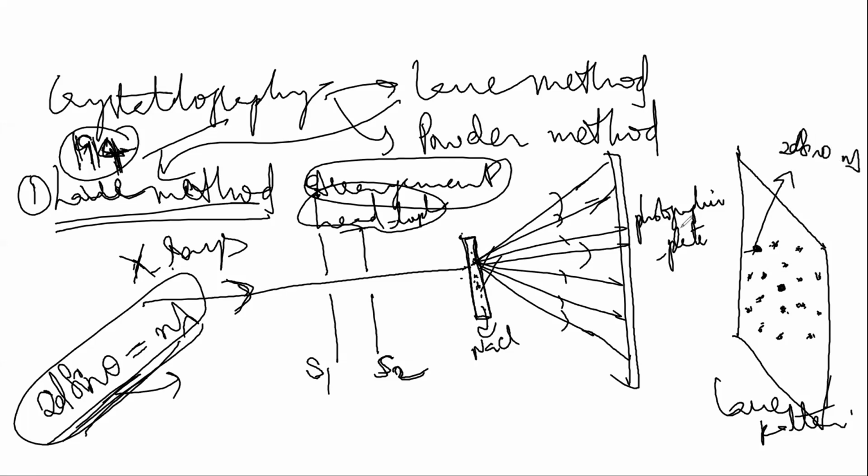Now, what is the theory behind this? First, the experimental arrangement you have to write down. X-rays from the X-ray tube are made to pass through two lead diaphragms so that a narrow pencil of beam is obtained, and this beam is allowed to diffract through the crystal whose properties you are going to study. The diffracted X-rays are made to fall on a photographic plate.